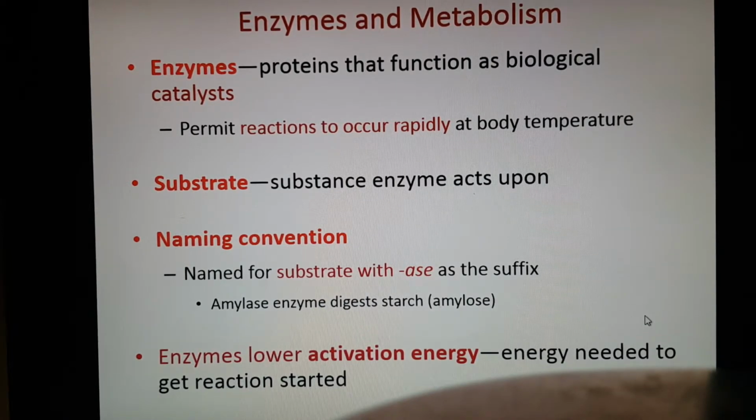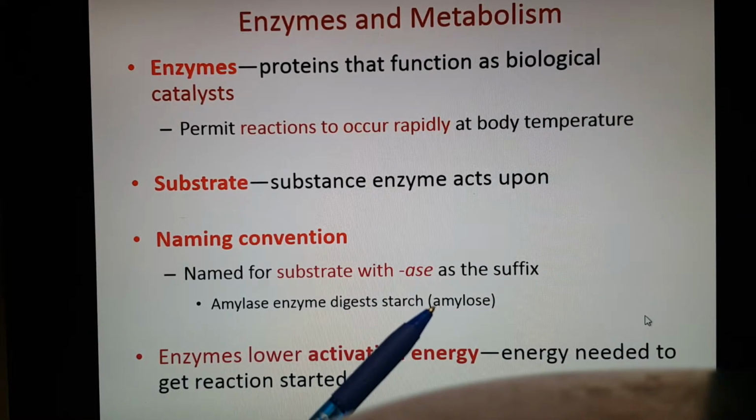Your enzymes work on what's called a substrate, and the naming of your enzyme is based on this substrate, with an -ase suffix at the end. The enzyme amylase, which we'll cover again in the digestive section for AP2, digests starch. Definitely need to know this for AP2 as well as that lab exam.